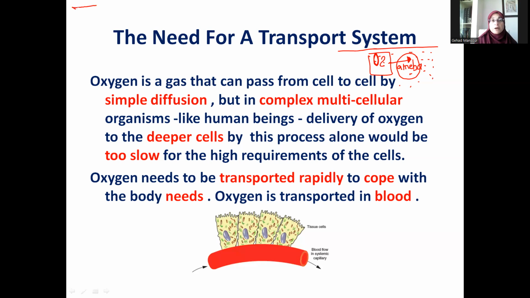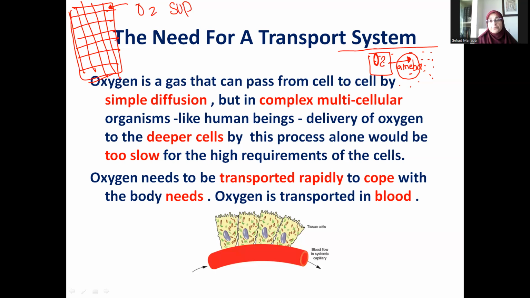But if we talk about a complex organism, a multicellular organism that consists of many hundreds or thousands of cells, then the superficial cells will receive oxygen easily by diffusion.